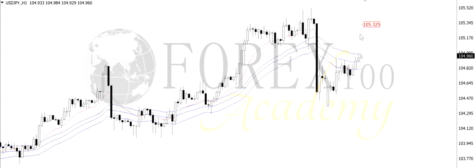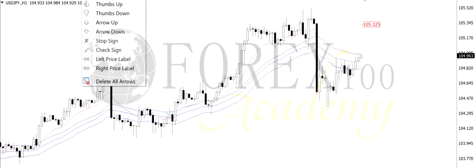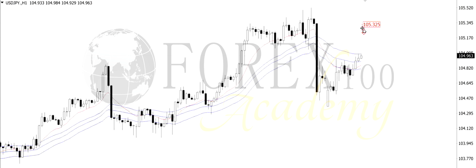For dollar yen, it's pretty straightforward. I'm looking to short at the 105.32 range, at this price itself. My stop loss is about 30 pips above the highest price over here, which means the stop loss will be at 105.82.